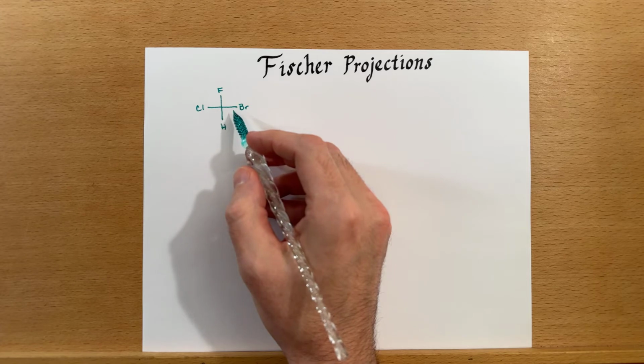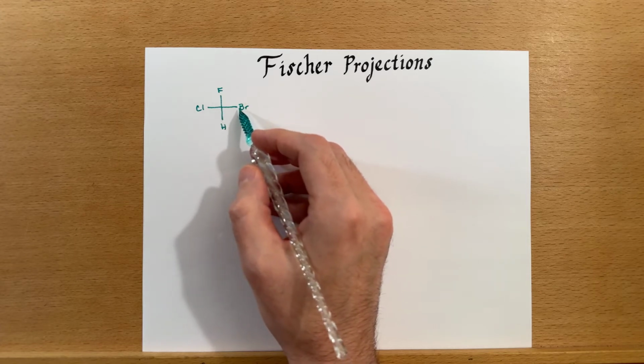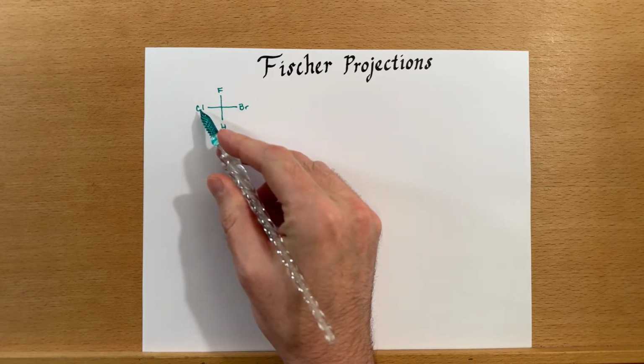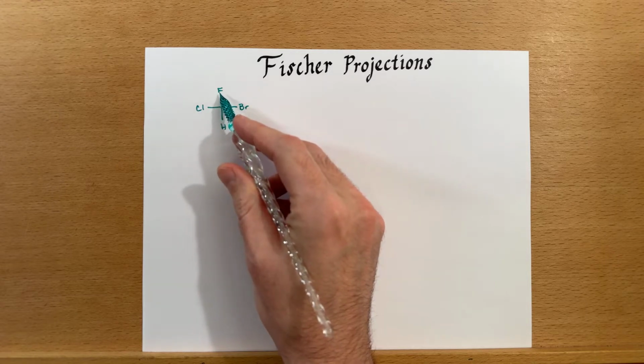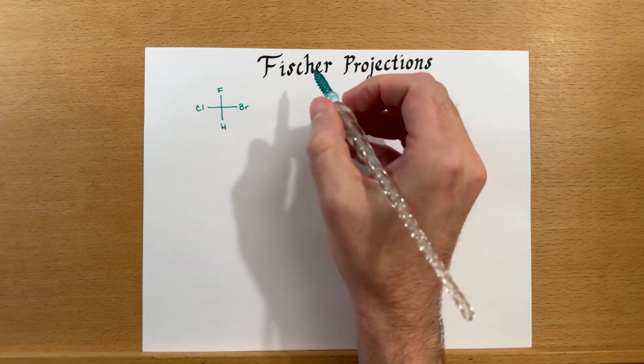The way that you read this is that groups on the right and left are pointed up towards you, and groups at the top and bottom are pointed away. Always, that is the orientation.